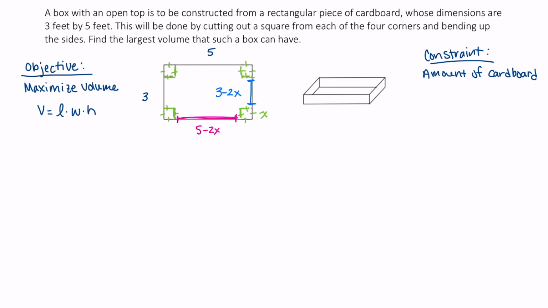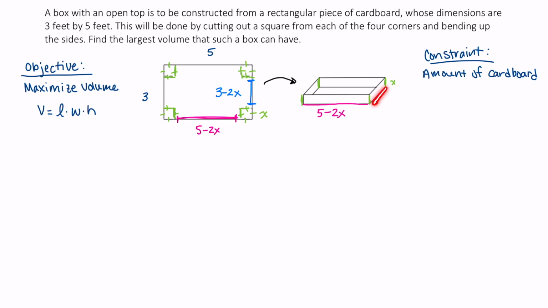Now let's relate this to the resulting box. Each of these heights is our x here. This longer side here corresponds to this longer side here. So I'm going to sketch it in pink, and it's 5 minus 2x.